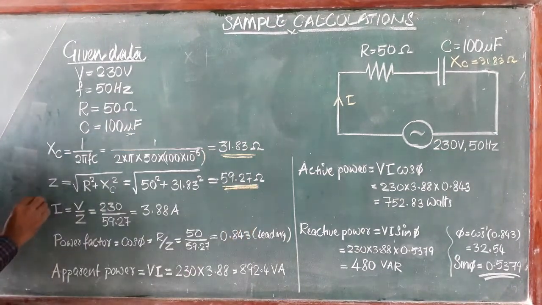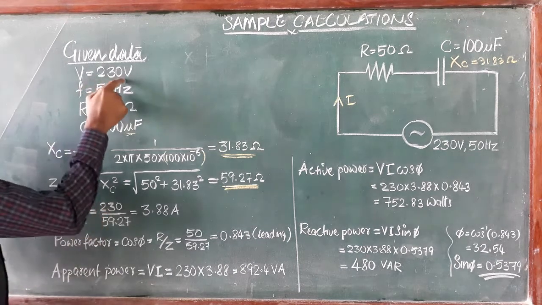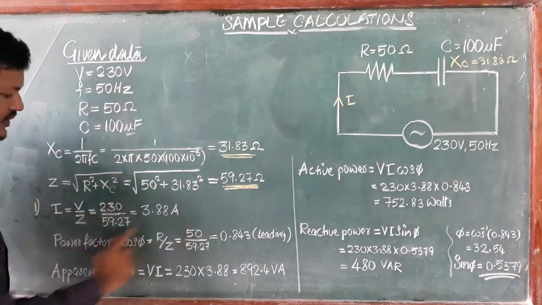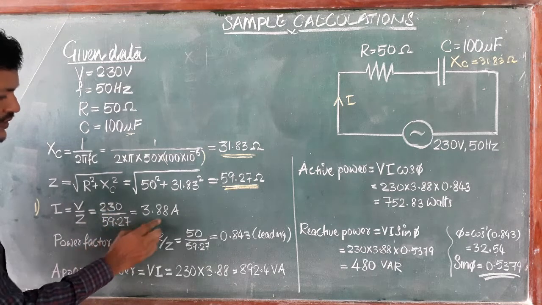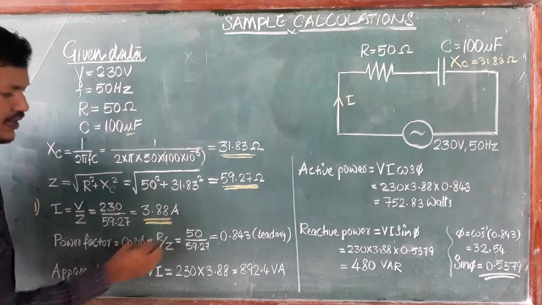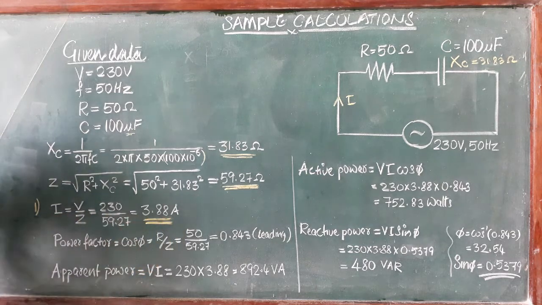Now we can calculate the total current I equals voltage by total opposition, V by Z. V is 230 volt divided by Z 59.27. So 230 divided by 59.27 gives 3.88 ampere. So the total current is 3.88 ampere.